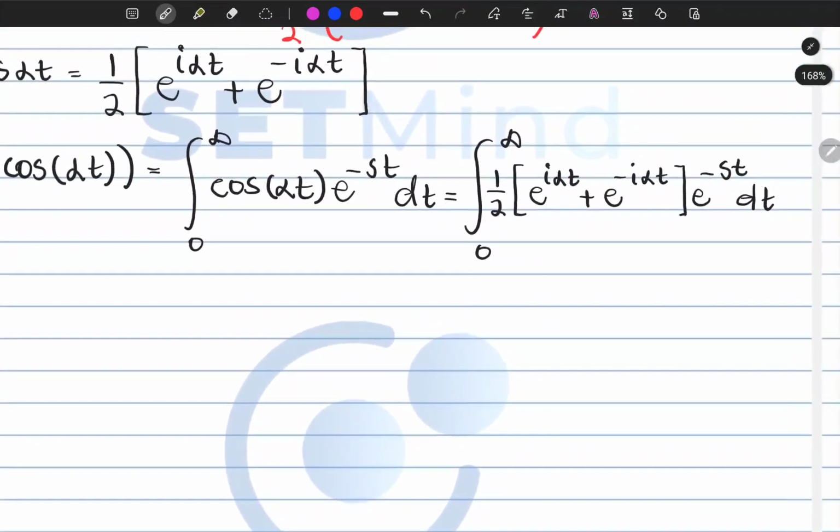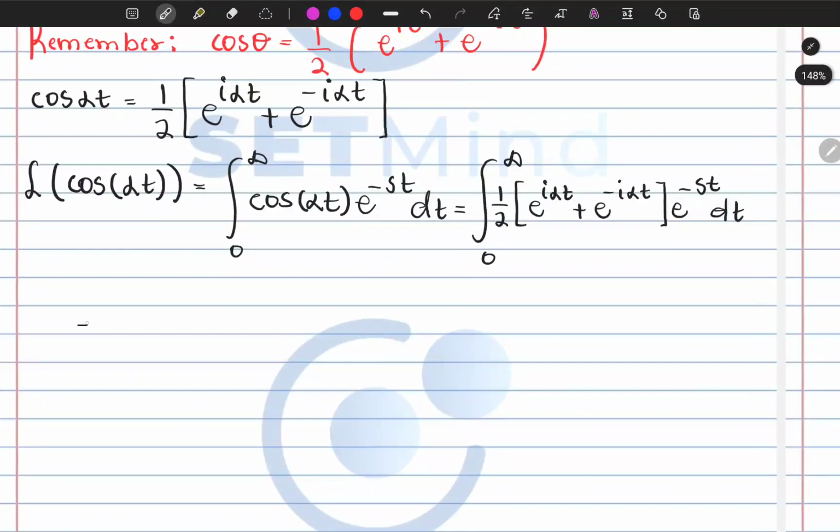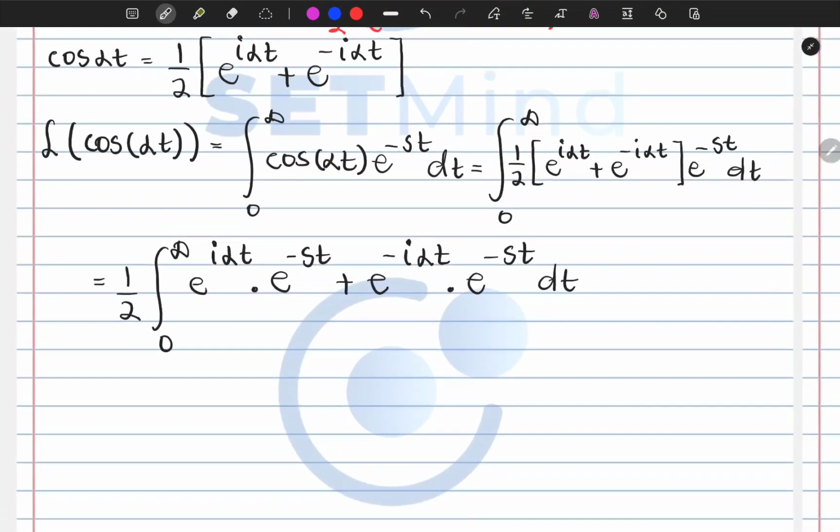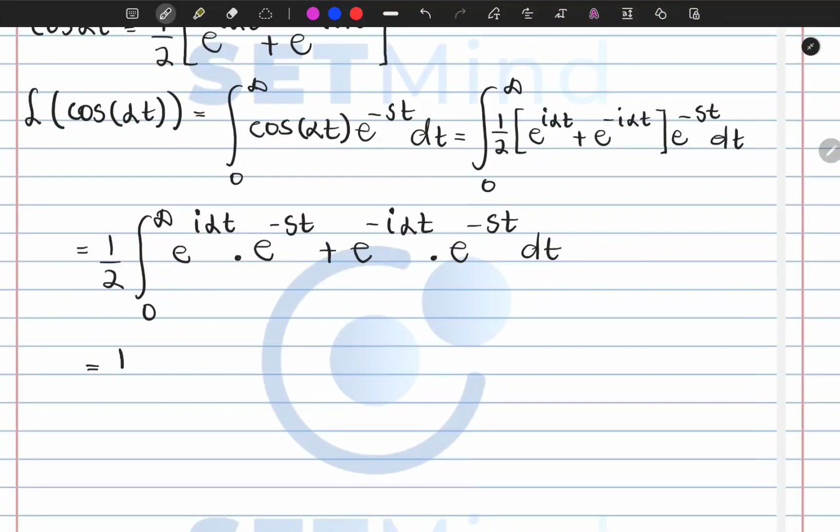Okay. So now I'm going to look at the far right. If you look carefully, we can factor out a half. And then we have exponential terms that can add up. So we have e to the i alpha t, which will multiply when we distribute with e to the negative st, and then plus e to the negative i alpha t multiplied by e to the negative st dt, like this. So let's go ahead and collect these according to the bases.